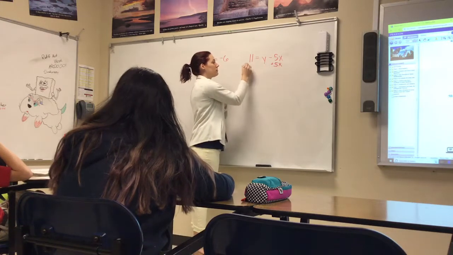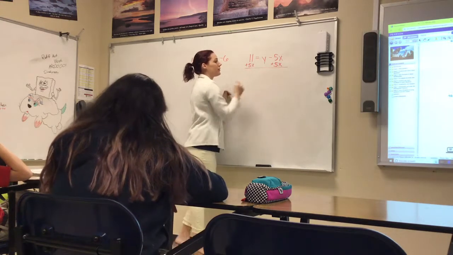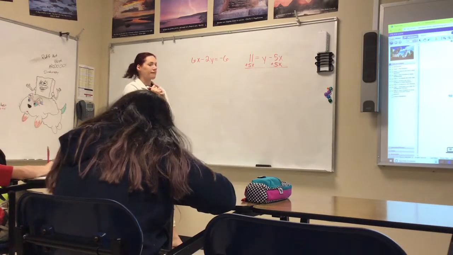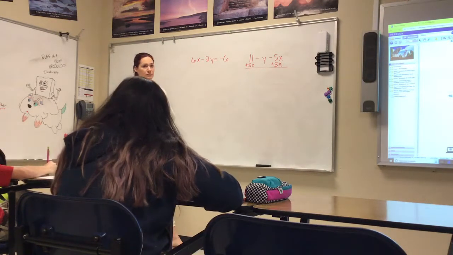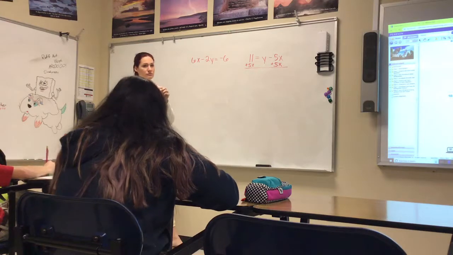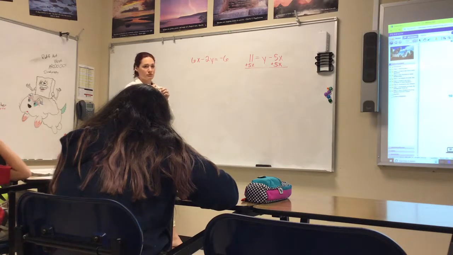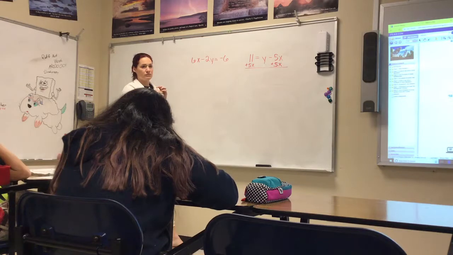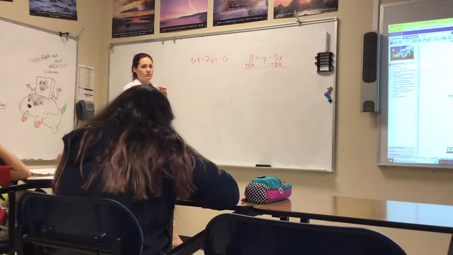Rachel, what's your question? For the 6x minus 2y equals negative 6, 2 and 6 are divisible, so is it just smarter to do y since there is no number in front of it?